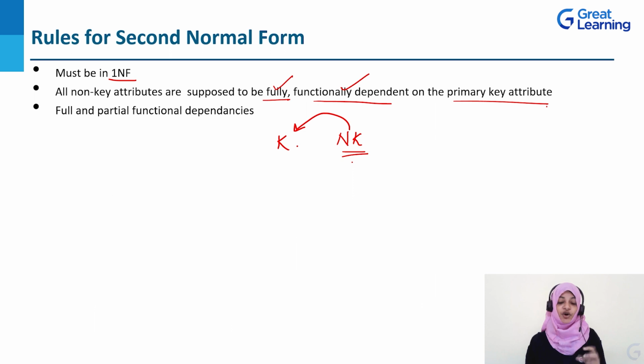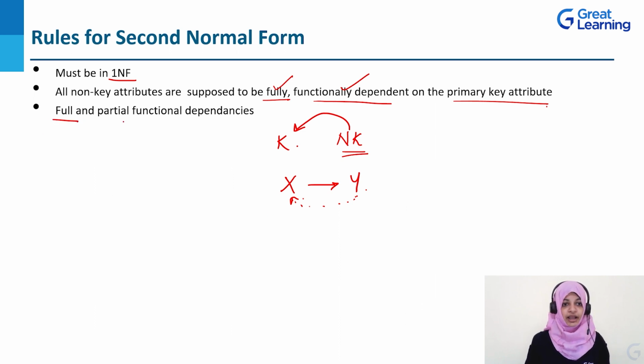The denotation for functional dependency is X defines Y, wherein X is the key attribute and Y is the non-key attribute. This can also be stated as Y is functionally dependent on X, saying that the non-key attribute Y is actually dependent upon the key attribute X for uniquely identifying it. This is functional dependency. Next, let us look at what full and partial functional dependencies actually mean.